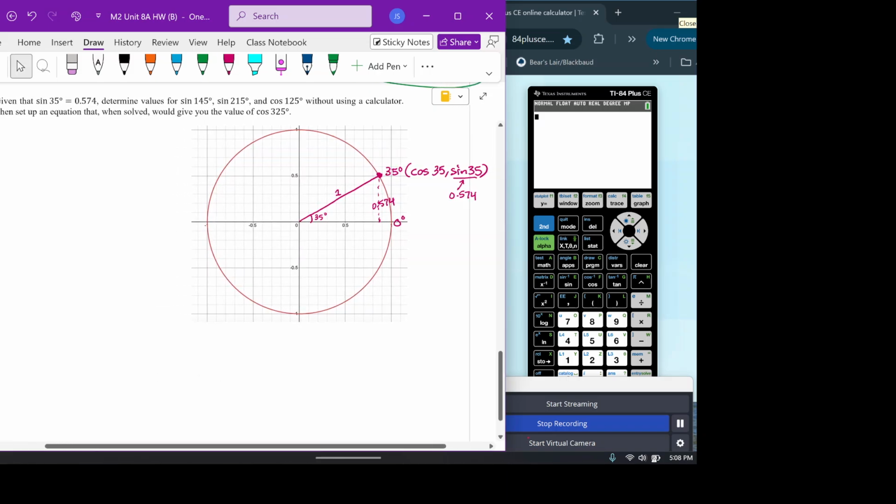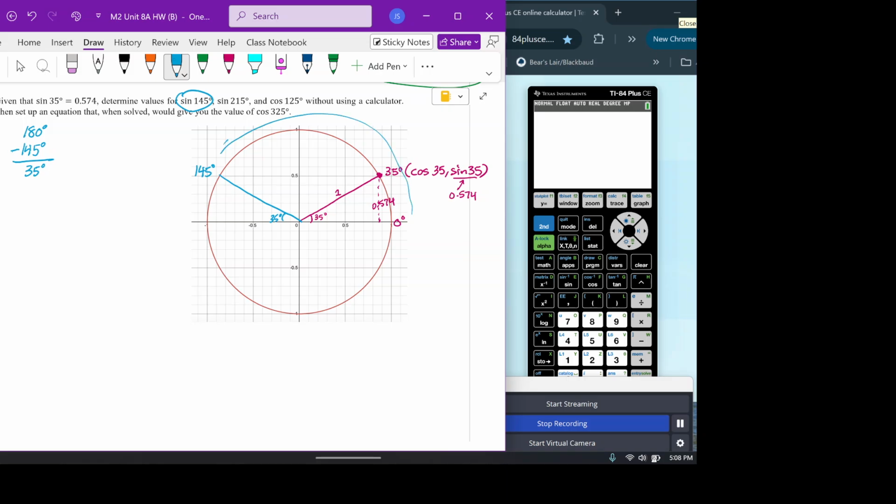Let's see. Sine of 145. If you think about 145 degrees, that's really related to 180 degrees. It's 35 degrees less than 180. So for sine 145, it's really this mirror image point over here where this is 35 degrees. And here's my 145 degree marker if I'm rotating all the way around from 0 to here.